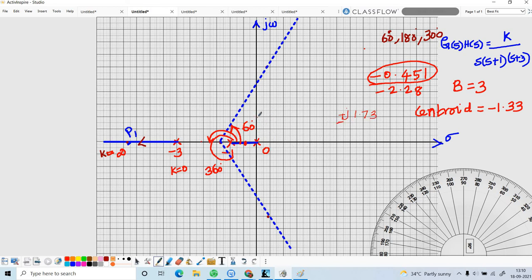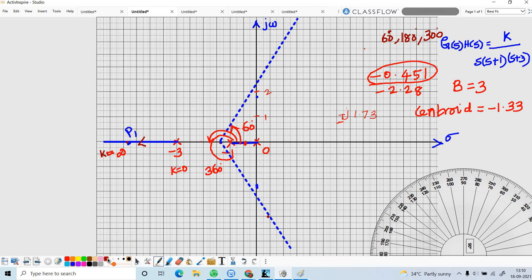Here I am going to take this as 1 and this as 2. So the value 1.73 should be here. This is 1.73, so I am going to mark 1.73. 1.73 should be here, and here also 1.73 should be here.